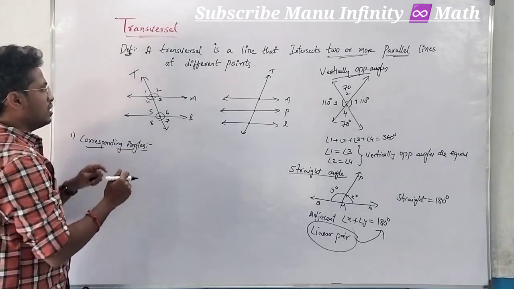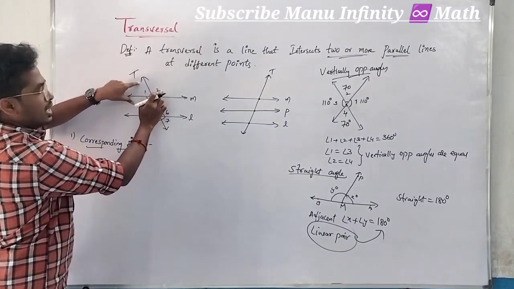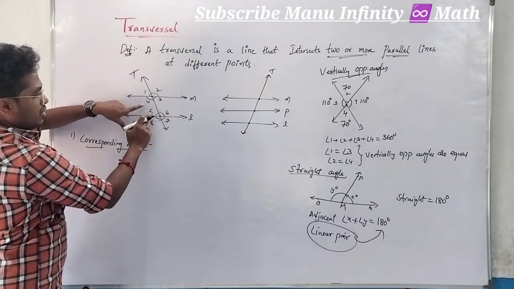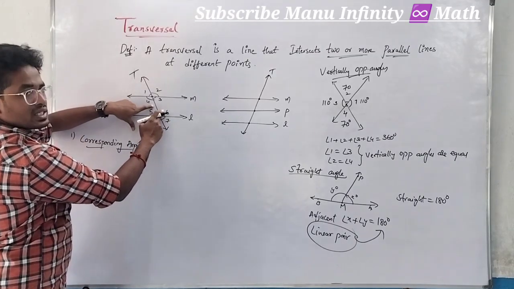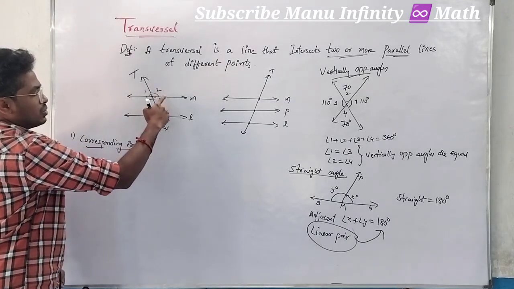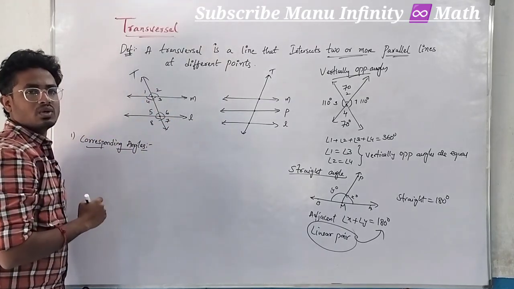Now see, if I take a protractor and measure angle 2, we get some angle, right? If I keep the protractor here and measure angle 6, both will get the same, right? So that's why angle 2 is corresponding to angle 6, or angle 6 is corresponding to angle 2.